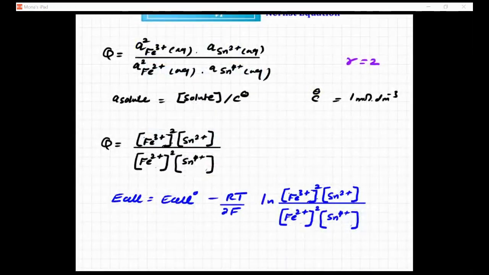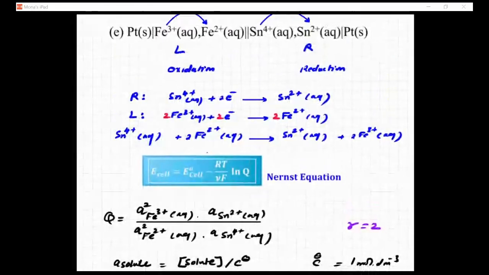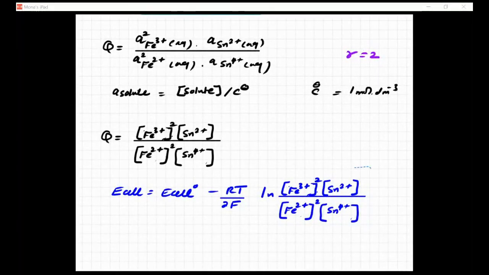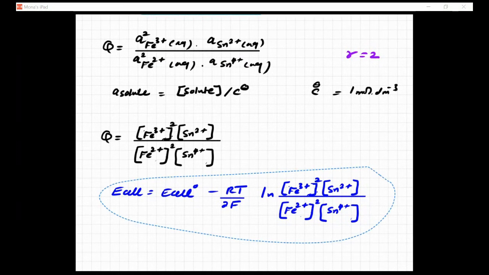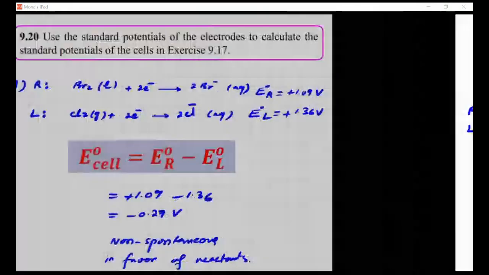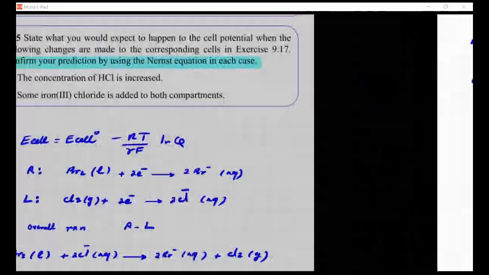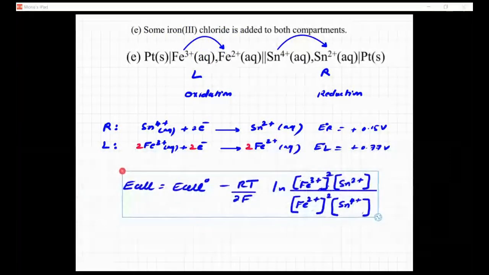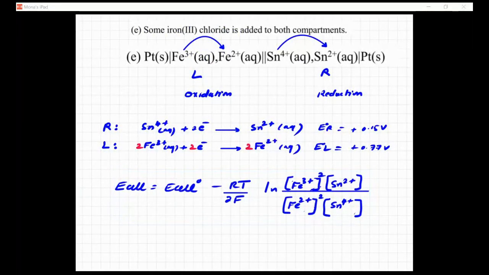So this is the Nernst equation. We just did it today, right? So we need to put it there and try to answer the question. Fine.